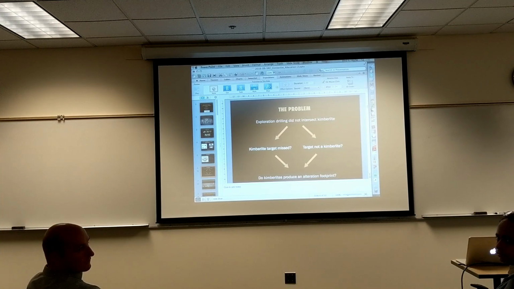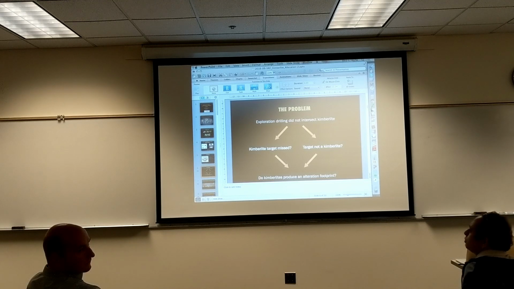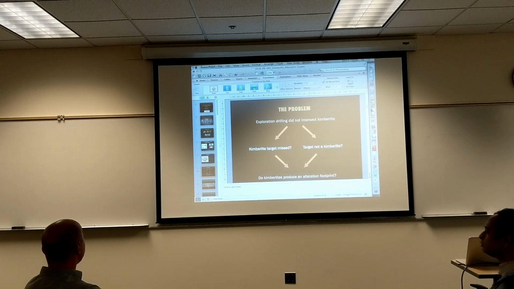You said that the effect was seen on the top side of some of the Kennedy pipes, or kimberlites, I should say, but not on the bottom. Why do you think that? I think in some places you see it on the bottom, in some places you don't. I think there are probably preferred cracks that when the kimberlite is degassing or cooling down, it's going to take the path of least resistance.